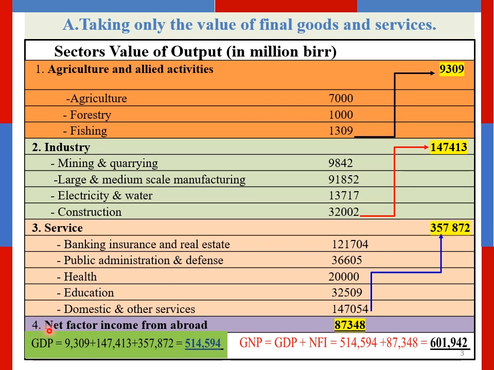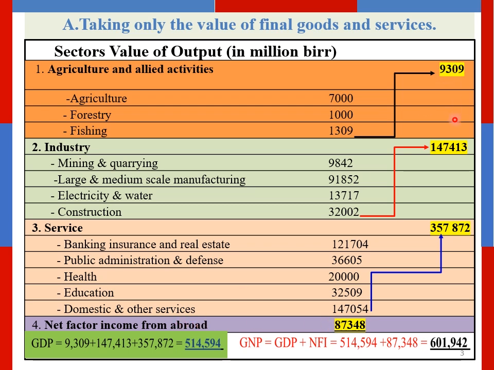The fourth one is net factor income from abroad. It means the difference between income inflow and income outflow. In order to get the GDP, you have to add those three numbers, avoiding the net factor income.